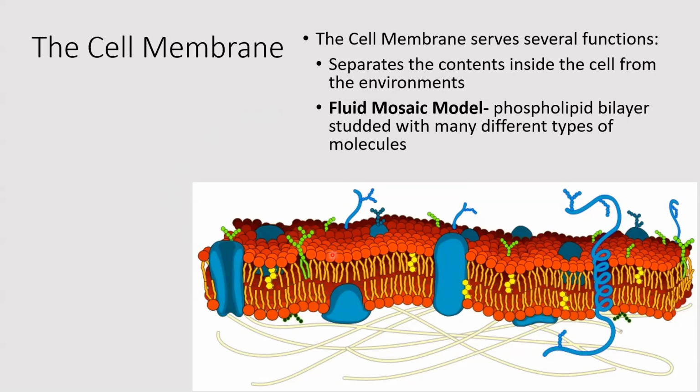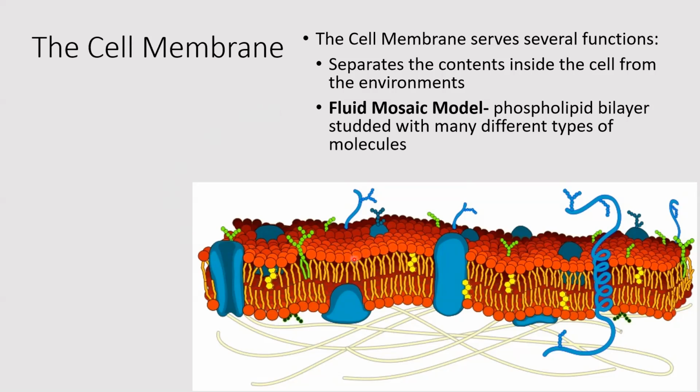So as you can see here, our phospholipids, our fatty acid tails are on the inside. We already discussed this in our last class, that these fatty acid tails are comprised of carbon and hydrogen. They are nonpolar, so they're going to interact with each other, and they are considered hydrophobic.